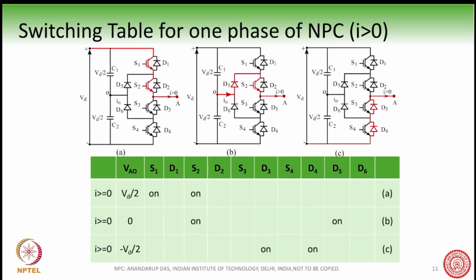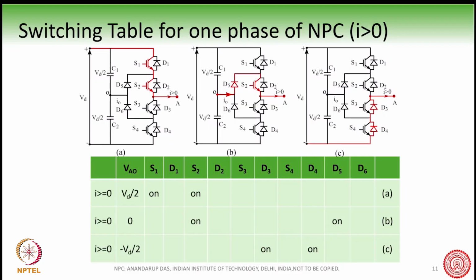Okay, now let us understand a little bit about the current direction. At first, if you analyze this converter, you will feel a little bit overwhelmed because there are so many switches. In fact, there are four switches along with their anti-parallel diodes, and there are two additional midpoint or clamping diodes.